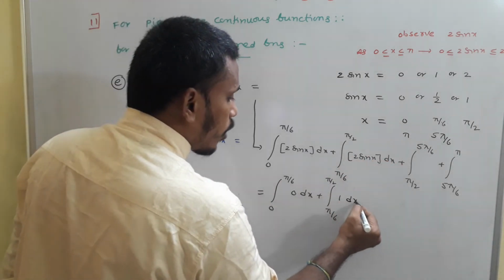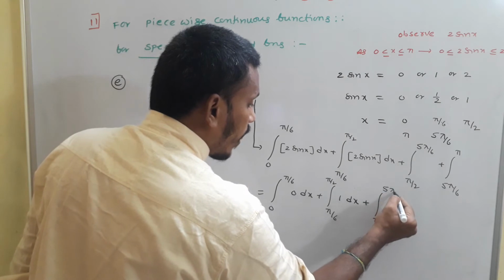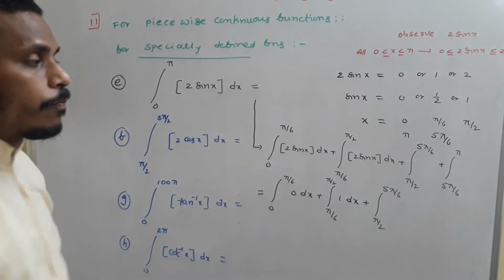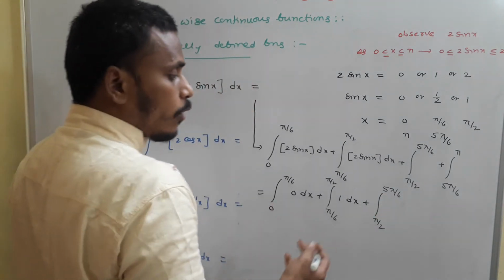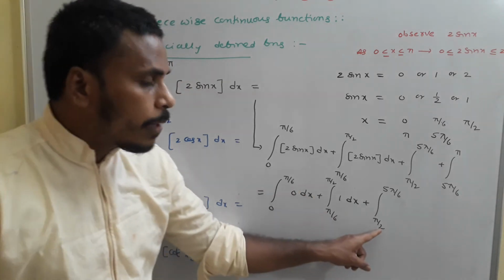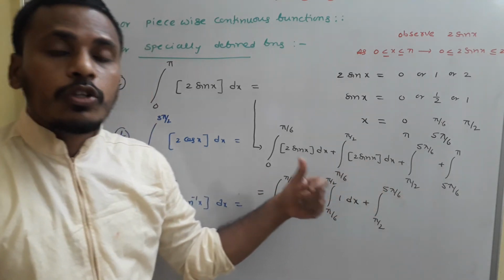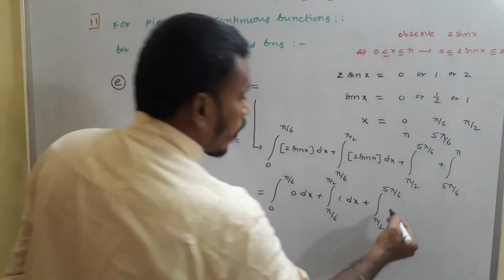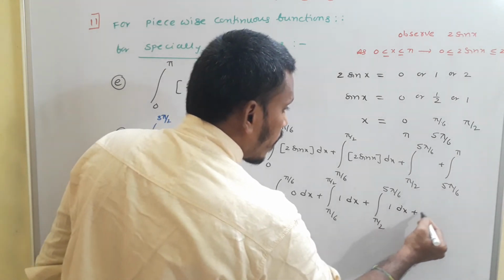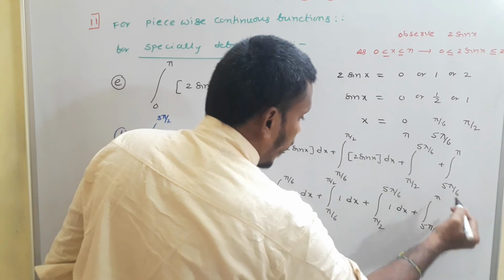Integral pi by 6 to pi by 2 of 1 dx, plus integral pi by 2 to 5 pi by 6. Here sin x is 1 at pi by 2 and 1 by 2 at 5 pi by 6, so 2 sin x is in between 1 and 2. So again this value is 1 dx, plus integral 5 pi by 6 to pi.